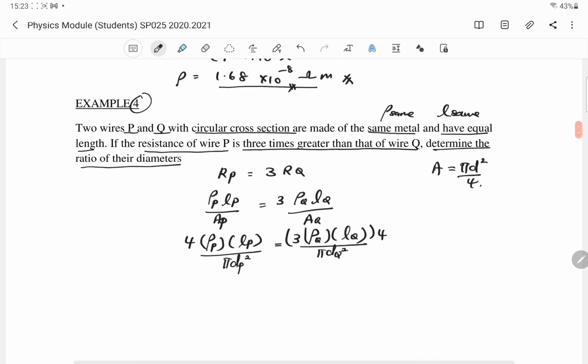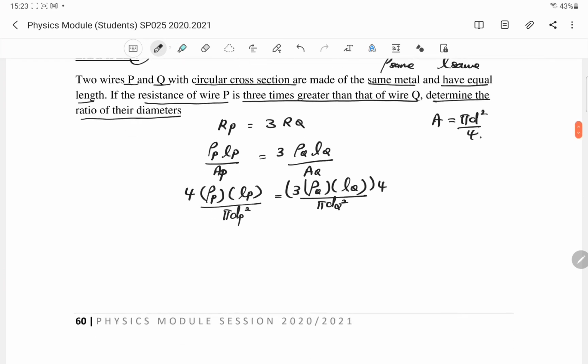Sekarang ni kita punya rho and L is the same. So we have 4 over dP squared equal to 12 over dQ squared. So determine the ratio of the diameters.